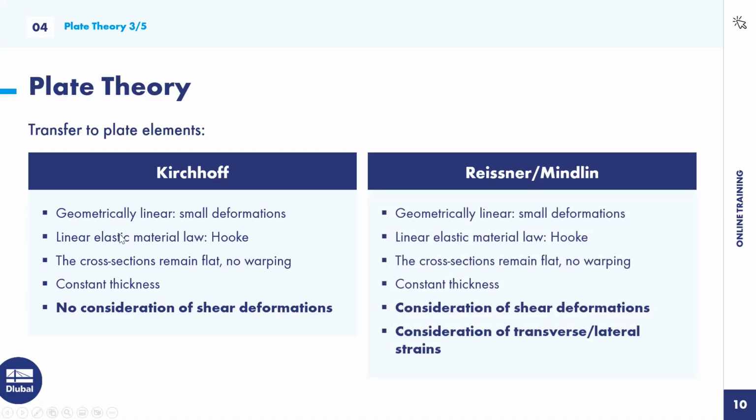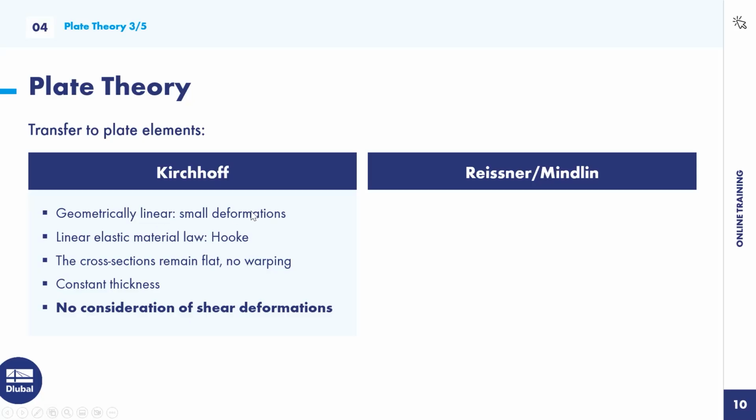It has geometrically linear and small deformations. We have a linear elastic material law, the Hooke law. The cross sections remain flat and we don't have any warping inside these slabs. We have a constant thickness and no consideration of shear deformations, like for the Bernoulli beam.